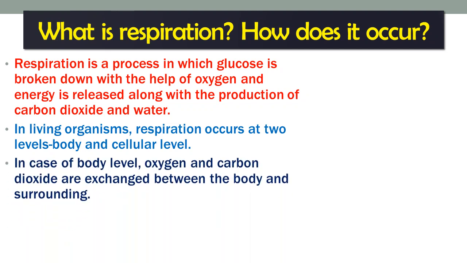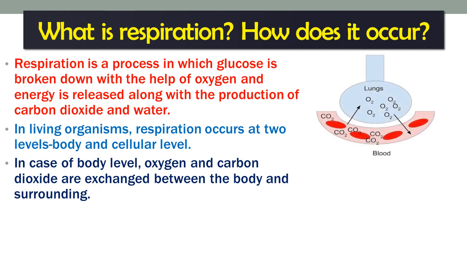In body level respiration, oxygen and carbon dioxide are exchanged between the body and the surroundings. In the picture, oxygen from the lungs is exchanged to the blood, and the carbon dioxide in the blood comes towards the lungs and is breathed out from our body. This is how oxygen and carbon dioxide are exchanged in body level respiration.